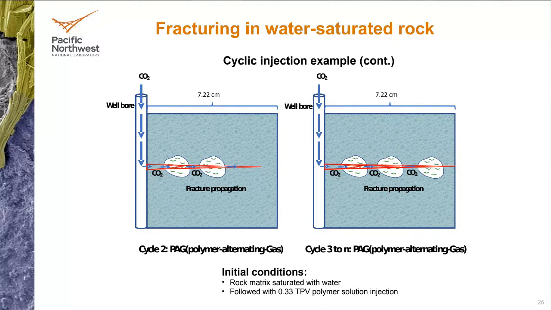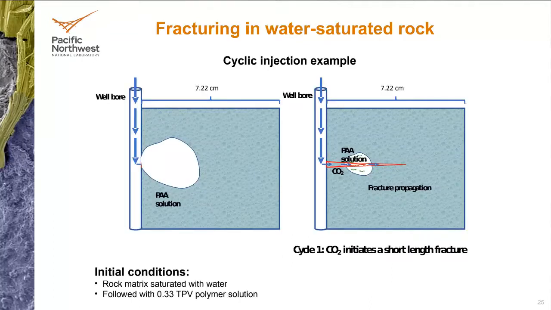We care about being able to communicate two wellbores, a production and an injection wellbore, by propagating the fracture hundreds of meters into the formation. So that was the idea. But in this case, we just stay with a single fracture, a single cycle: one polymer solution, followed by a constant flow rate of CO2 until the rock fractures.